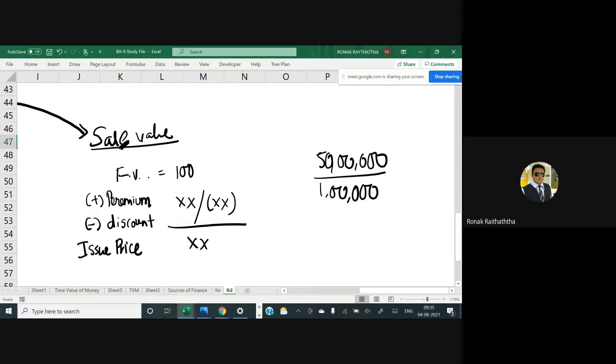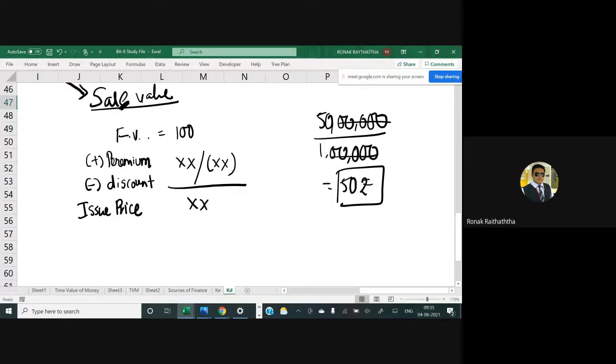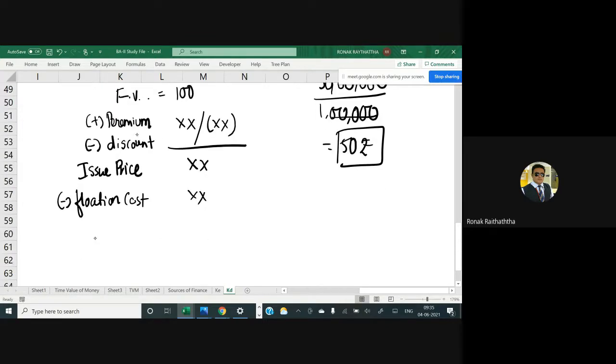So if you just divide it, you get 50 rupees per debenture flotation cost. Now flotation cost will obviously be reduced, because that much money will be received less by the company. So again, deducting the flotation cost, now you get the sell value. This is the actual money received by the company.